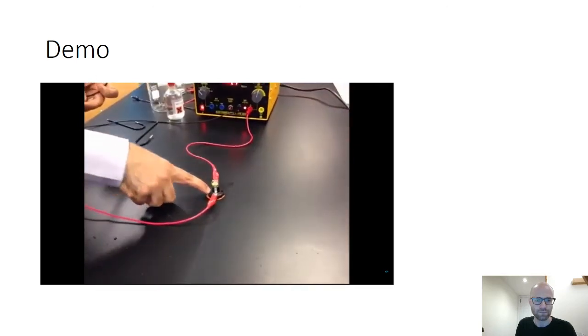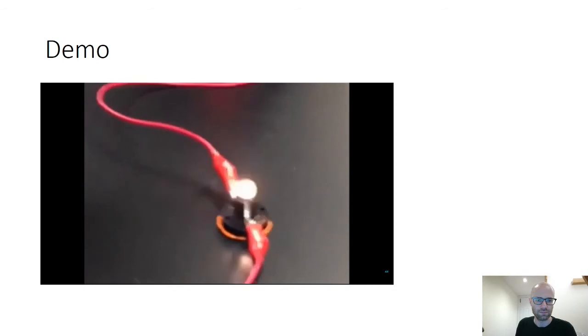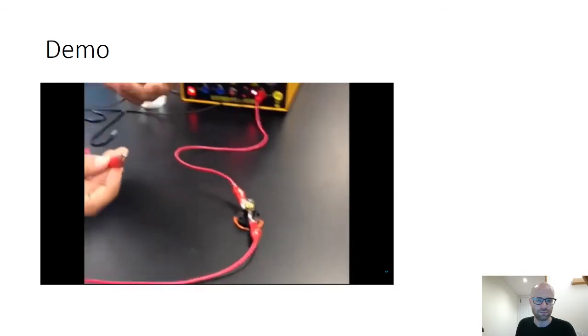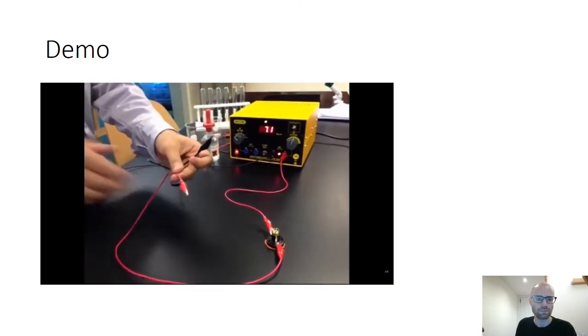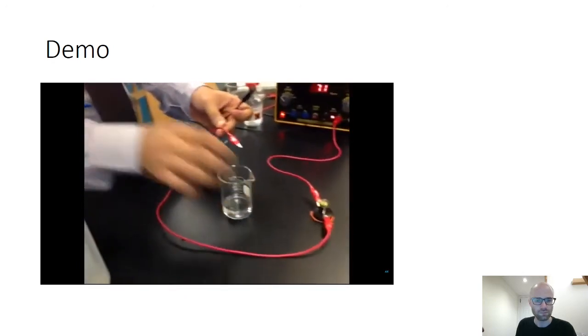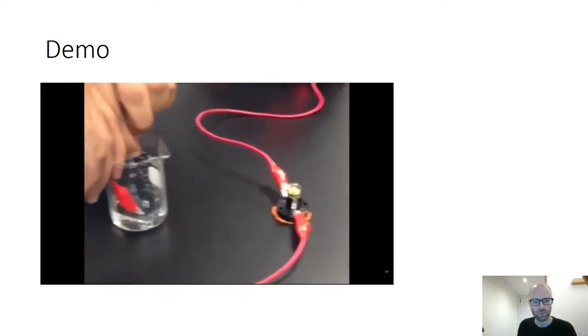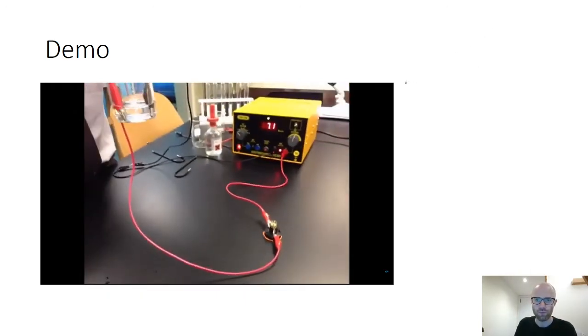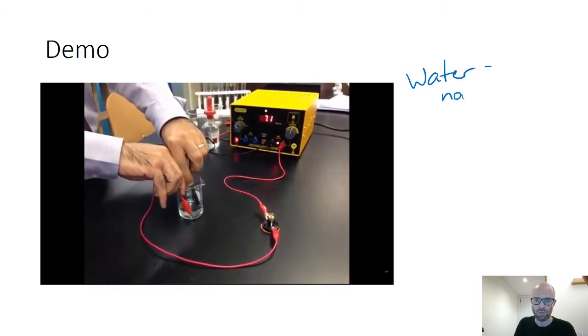Electrical conductivity for HCl and water. Here we have a light bulb. I'm just going to show you that it's working. Now I'm going to dip these two electrodes in water to check if water conducts electricity or not. As you can see, there is no light.